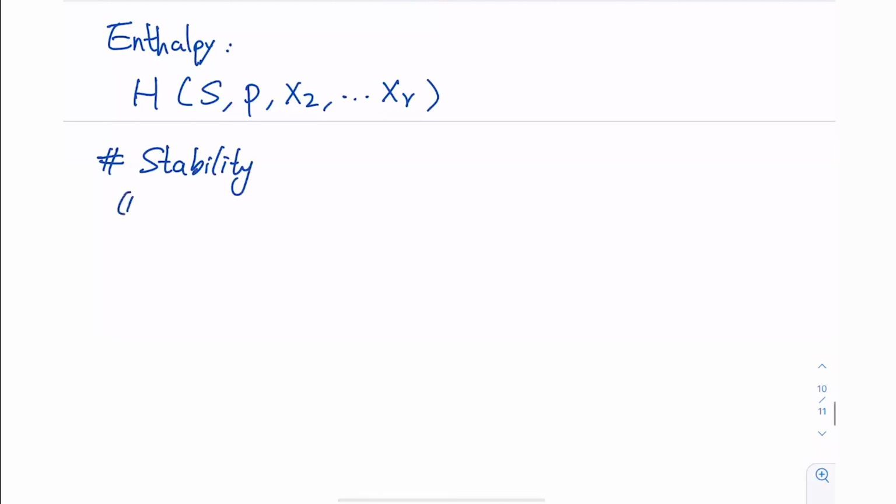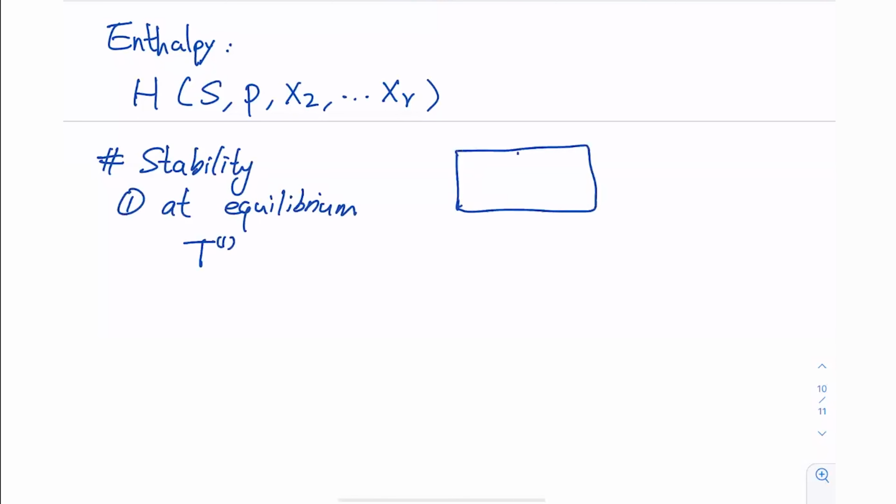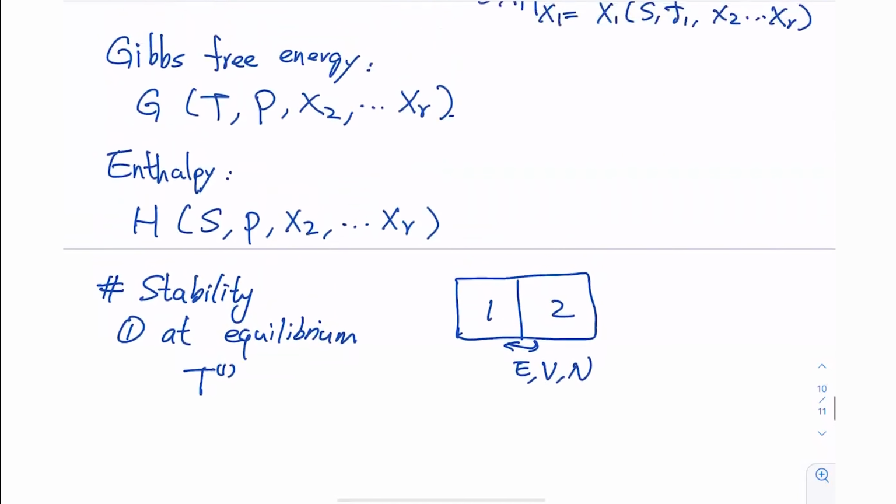So the first thing is that at equilibrium, we have temperature. Suppose we have two systems, system 1 and 2, and the wall now is free to exchange the energy, or it can be moved, so the volume can be changed, and now particles can penetrate between these two chambers.